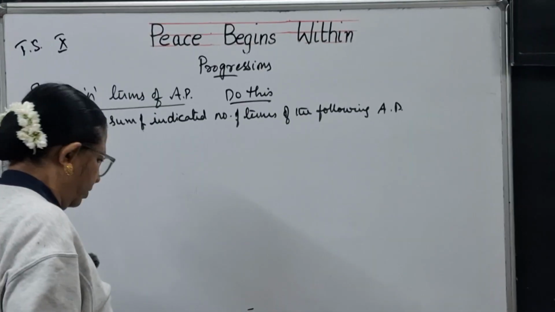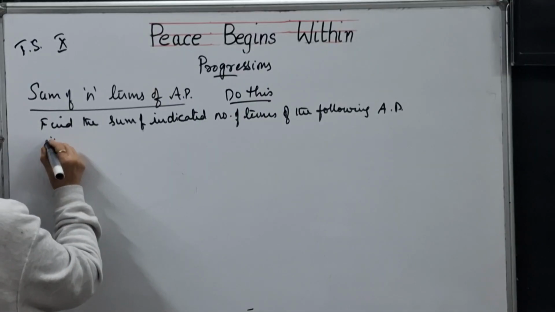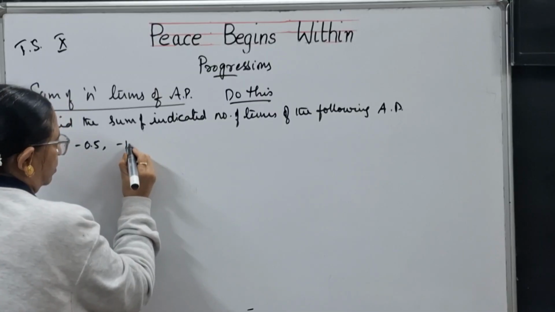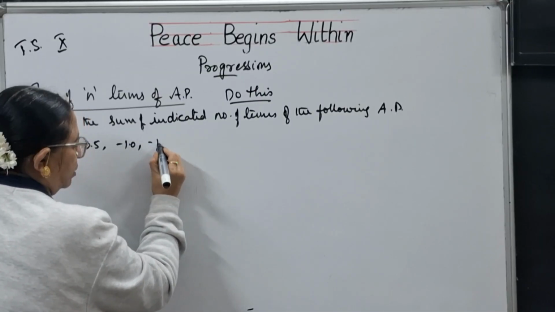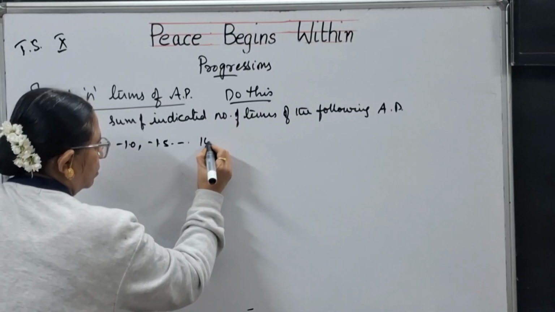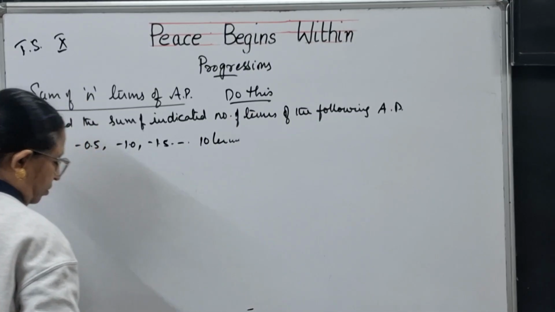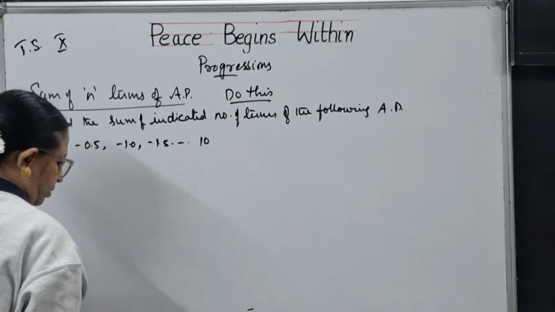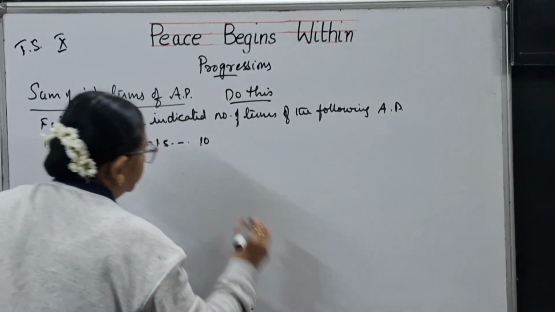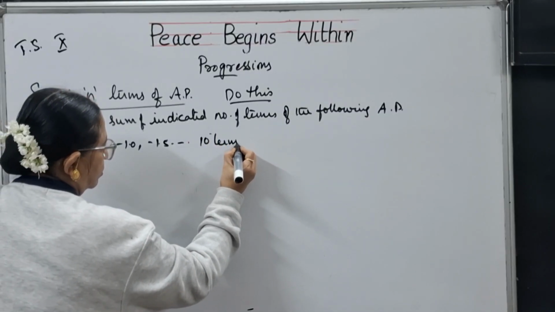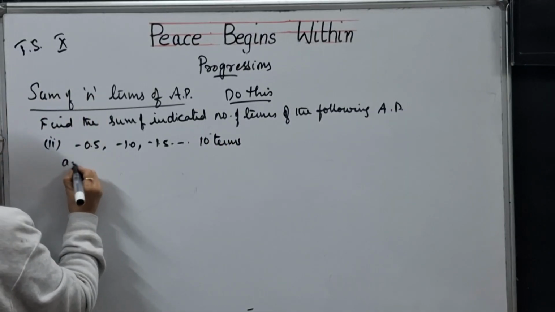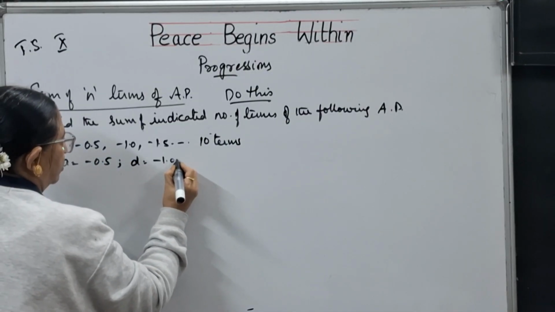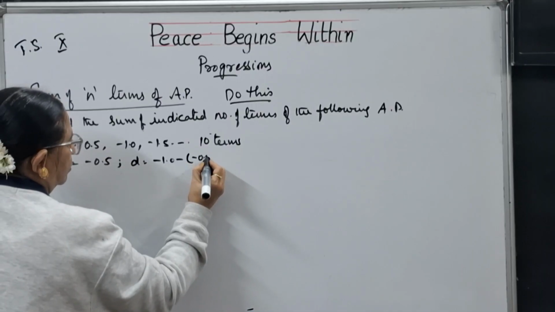Now, second bit, children. Minus 0.5, minus 1.0, minus 1.5, and so on up to 10 terms. So they are asking up to 10 terms. So here a is minus 0.5, d is minus 1.0 minus of minus 0.5.